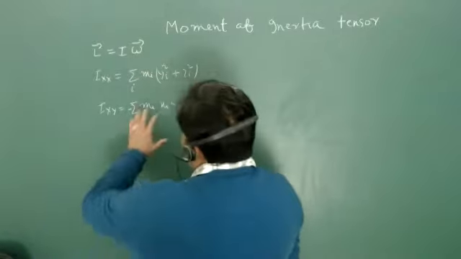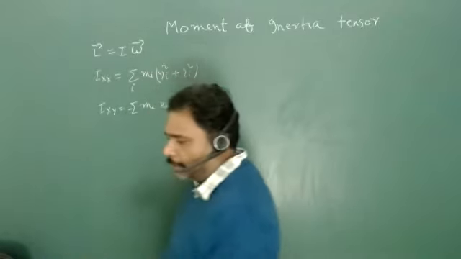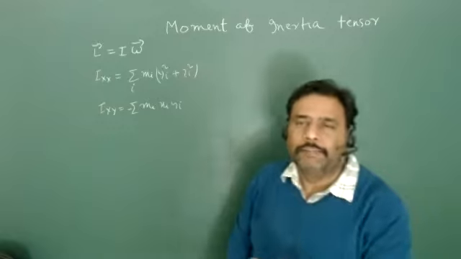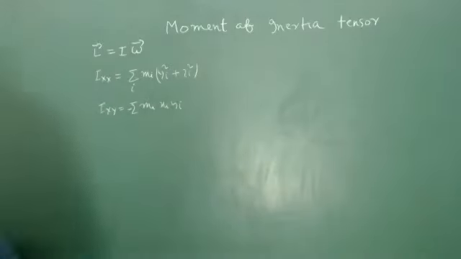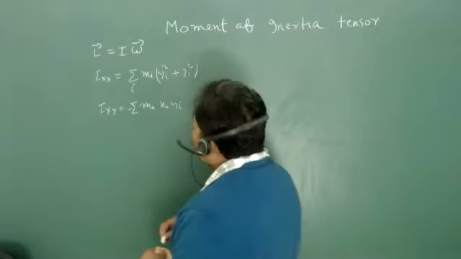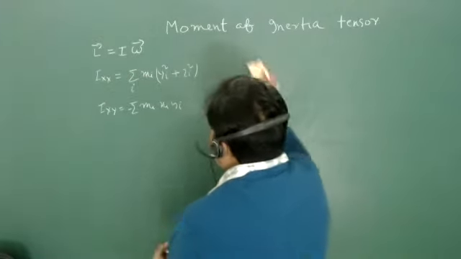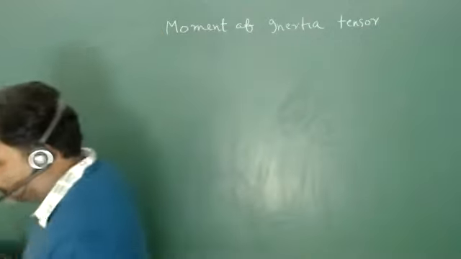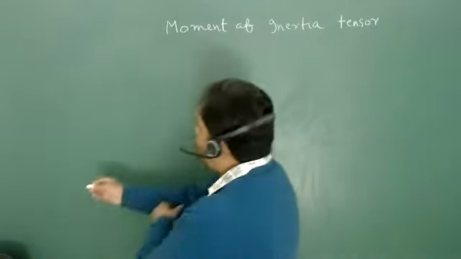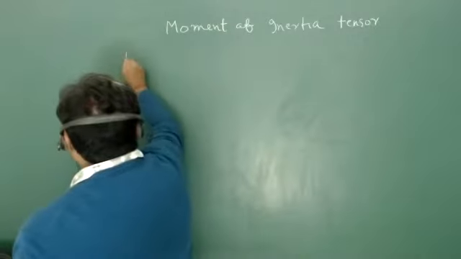And if you want to change this whole thing for a continuous system, you have to change this summation to integration. That is a different issue. Today we are just going to take a very simple problem, to understand the definition.